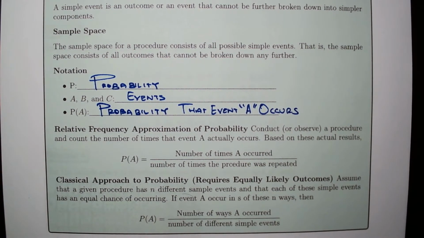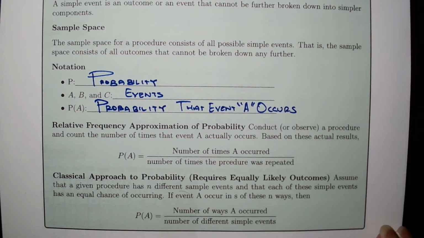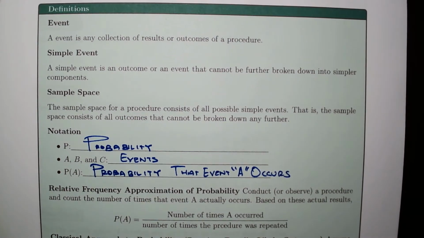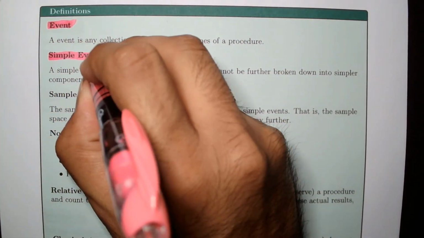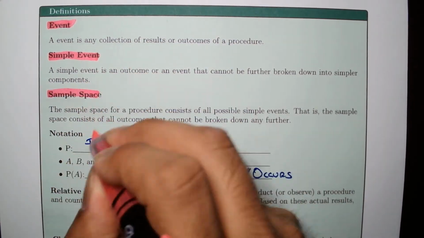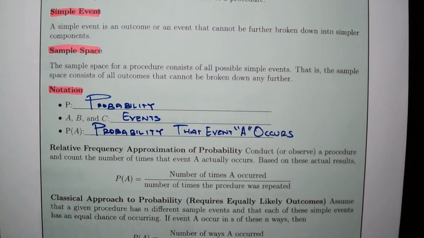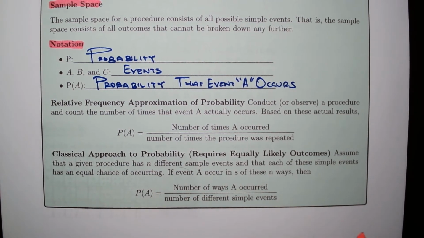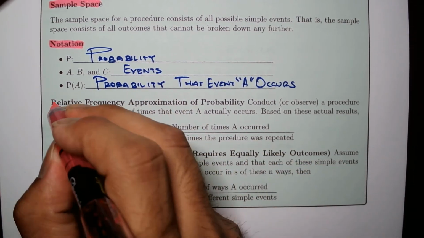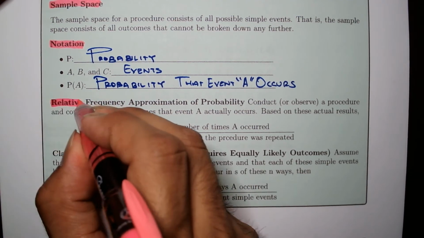Now, how are we going to find probability? There are two approaches to determine probability. First of all, let's highlight these key terms. The first way to find probability is called the relative frequency approximation.